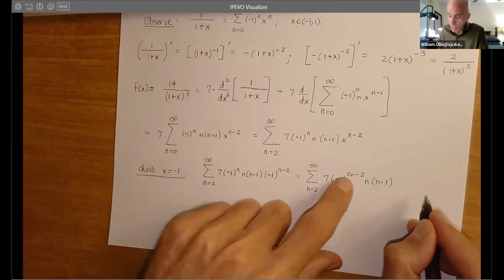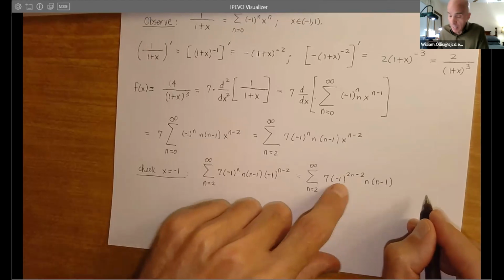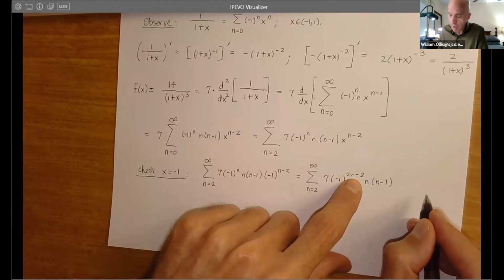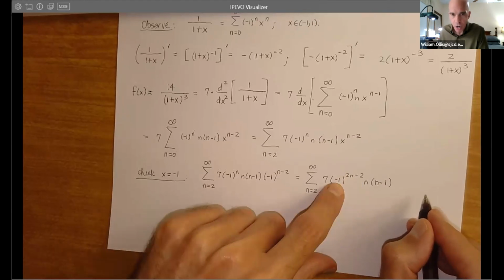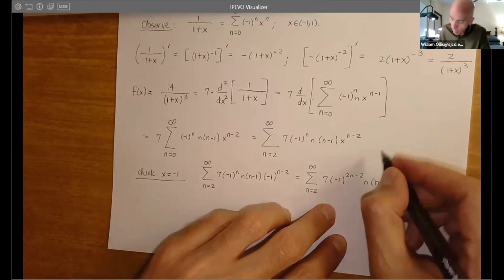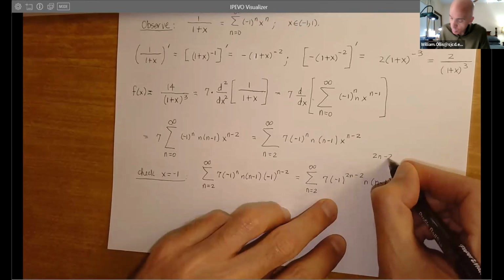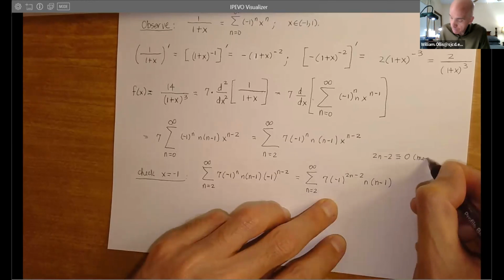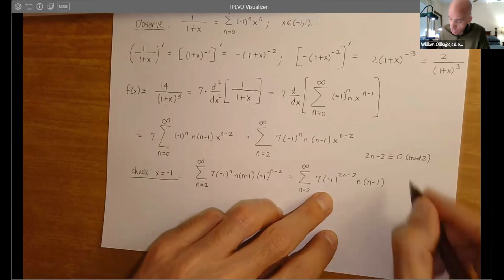Now, of course, what we notice here is that when we've got all these 2's here, this is always going to be an even number here. So this is always going to be a positive 1. So this is just like mod 2, this is a 0. So this is always a 1. So just remember, 2n minus 2 is congruent to 0 mod 2. How interesting. So this is just what?